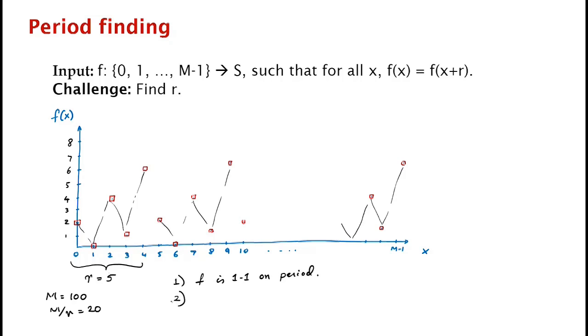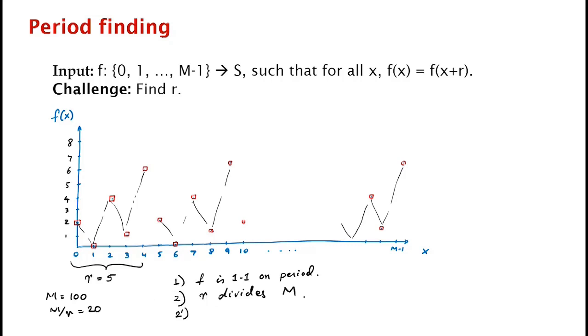And then we'll have a second condition, which is a simplifying condition. This is one of the things that I talked about where we simplify things. I'm going to assume that r divides m. To actually make the factoring algorithm work, the condition under which we would need to solve period finding is where r does not divide m, but on the other hand, you get to see the function over many periods.